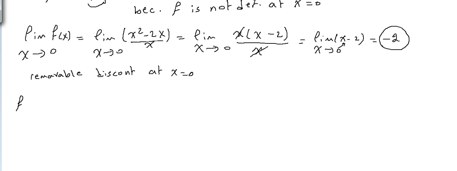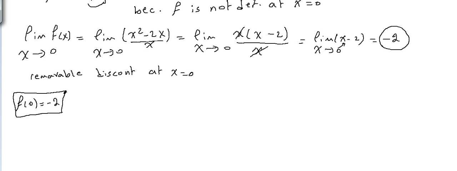If we say f of 0 equals minus 2, we have to extend the domain for having f of 0 equal minus 2, not having f of 0 equal 0 over 0, which is undefined.